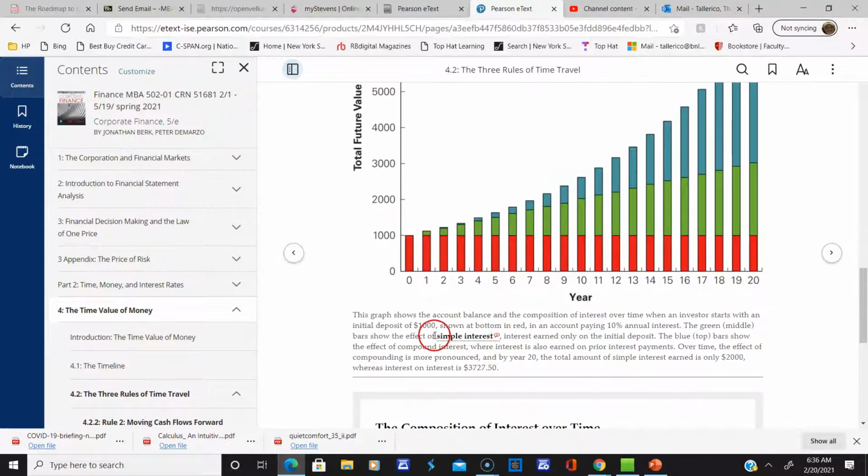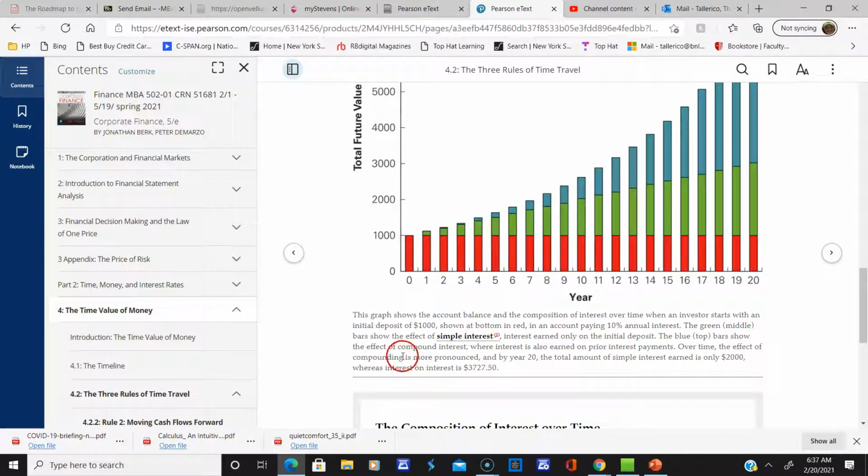Okay, so this graph shows the account balance and the composition of interest over time when an investor starts with an initial deposit of $1,000 in an account paying 10%. The green bar shows the effect of simple interest, interest earned only on the initial deposit. The blue bar shows the effect of compound interest, where interest is also earned on prior interest payments.